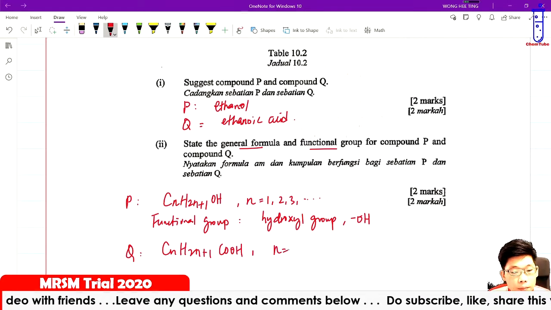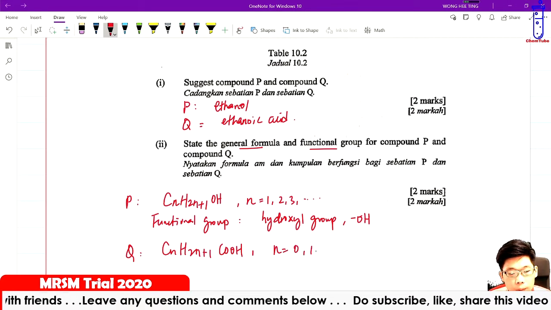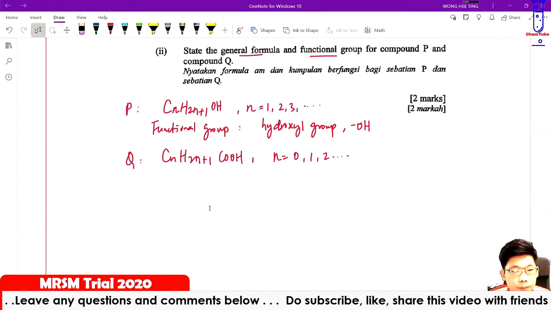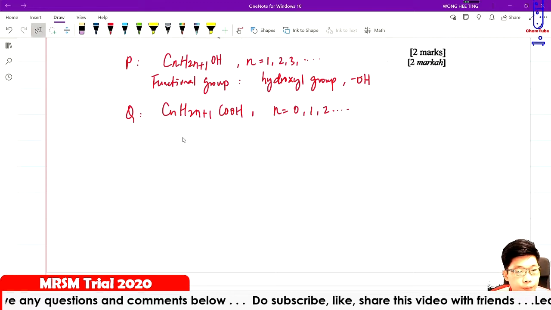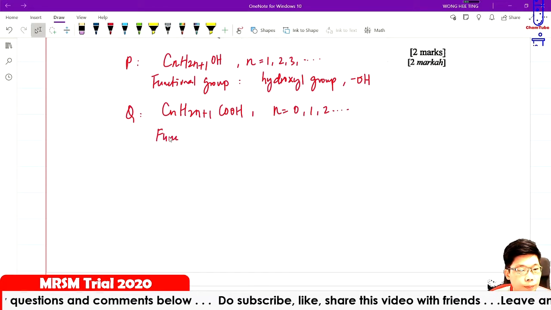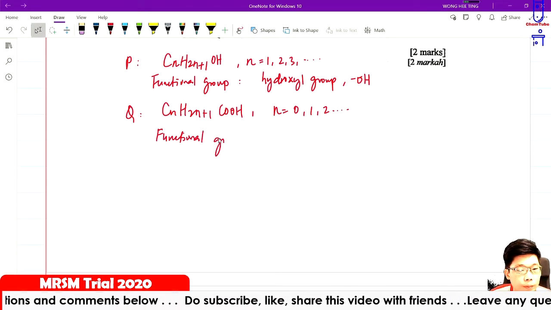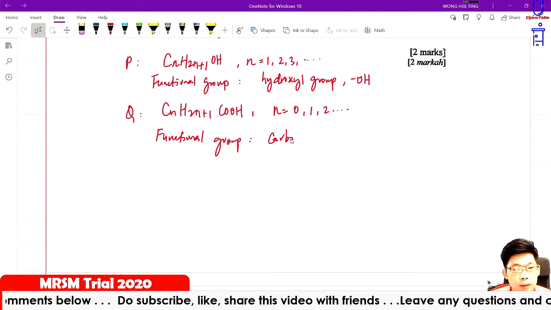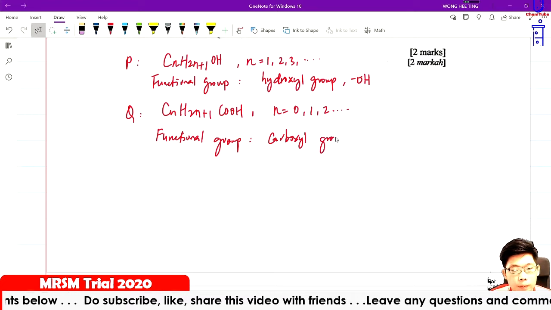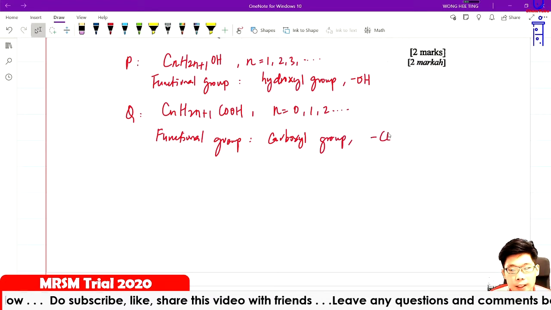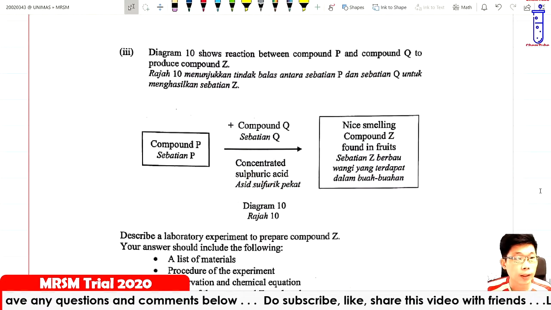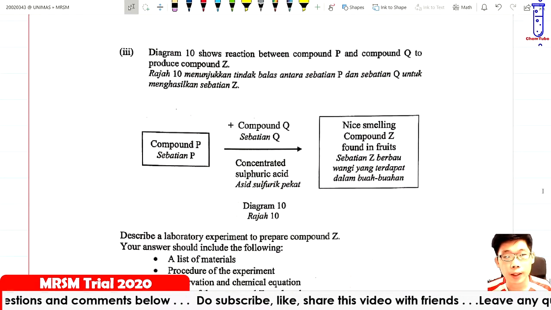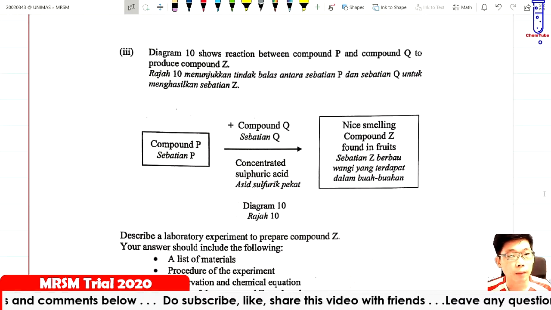This one n starts from 0, 1, 2, and so on. So the functional group will be carboxyl, COOH.